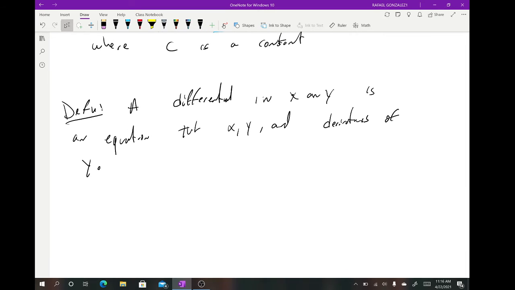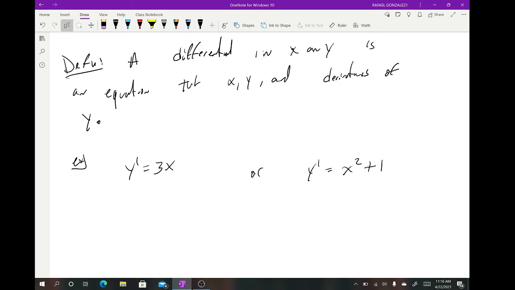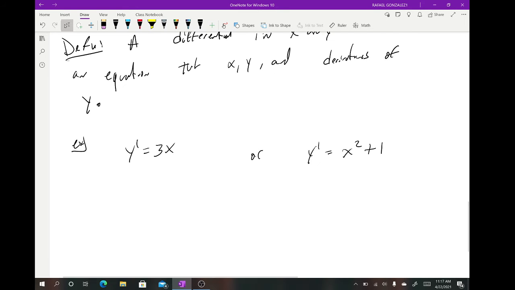For example, a differential equation would simply be y prime equals 3x, or like y prime equals, let's say, x squared plus 1. These are examples of differential equations. Now you could have differential equations of multiple variables, not just of x, but of x and y at the same time.